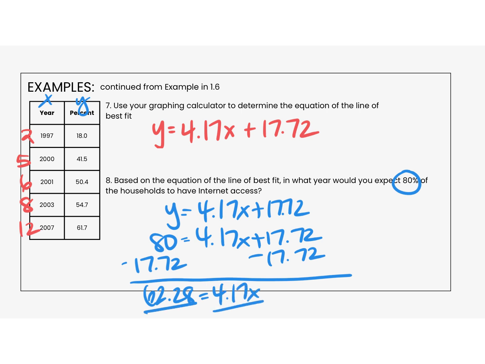Divide both sides by that 4.17, and you should get 14.94 years. So from 1995, that would put us in year 2009. We're almost to 2010, but not quite. Okay, so that is trend lines and linear regression.